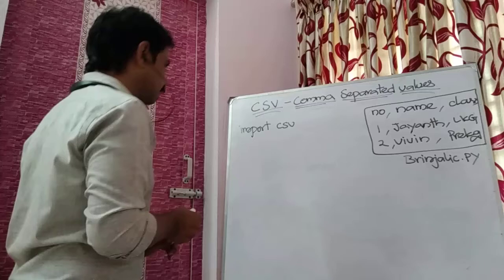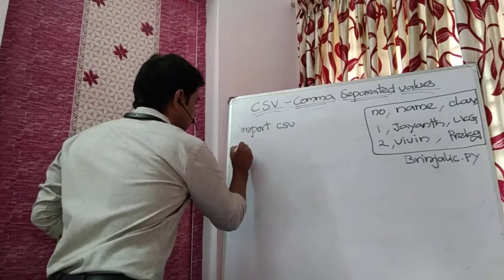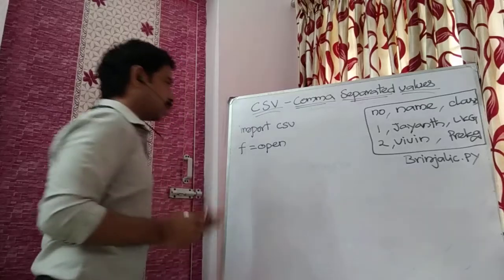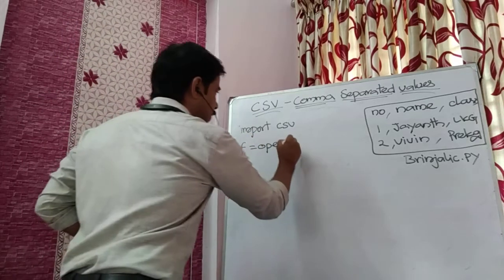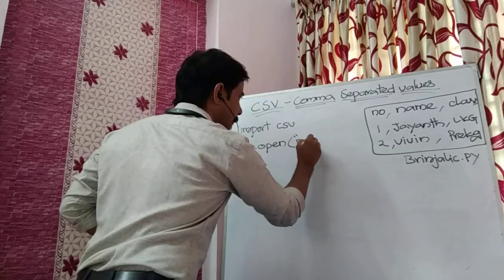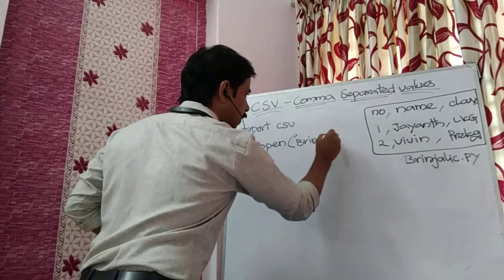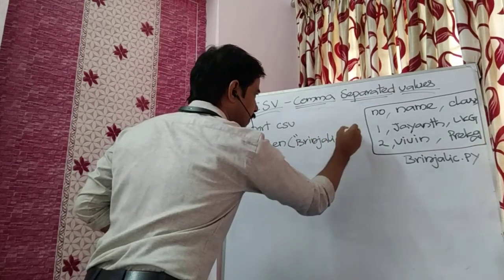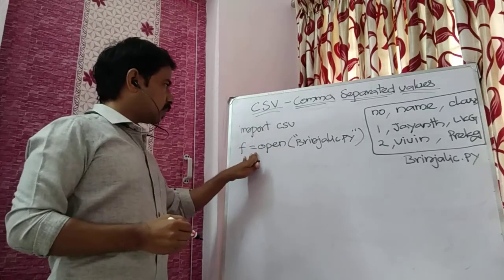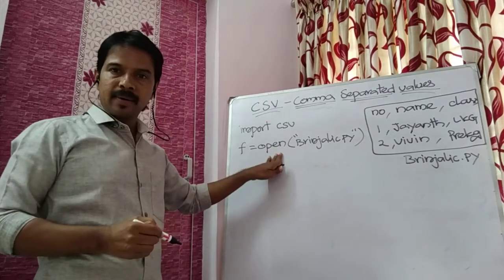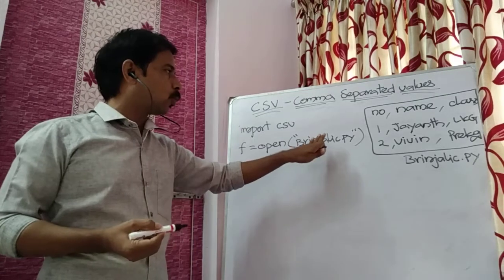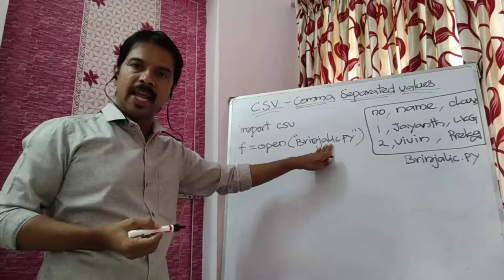Now f equals open, we are opening the file brinjalik.py. f equals open, and inside double quotes or single quotes you specify the file name.